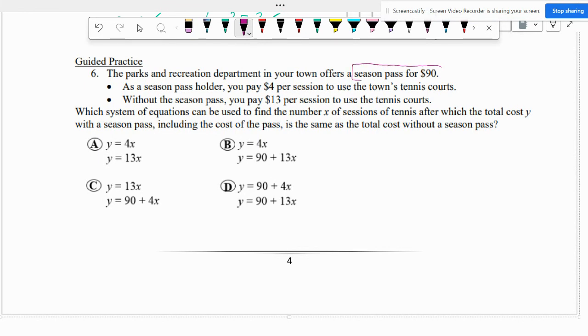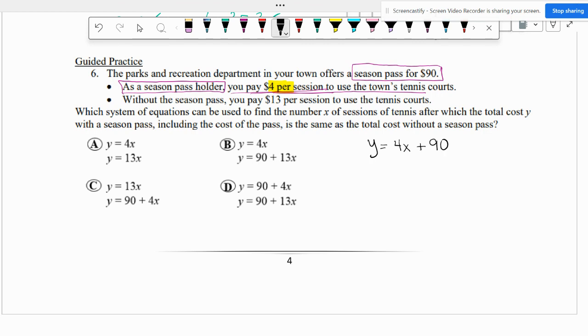A season pass holder pays $4 per session to use the tennis courts. Well, there's that word per. And remember when we see the word per, that's our slope. So the total y is going to be $4 for every session when you pay $90 for your season pass.